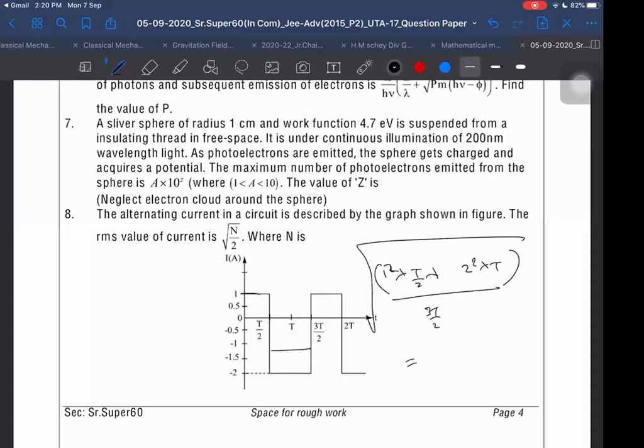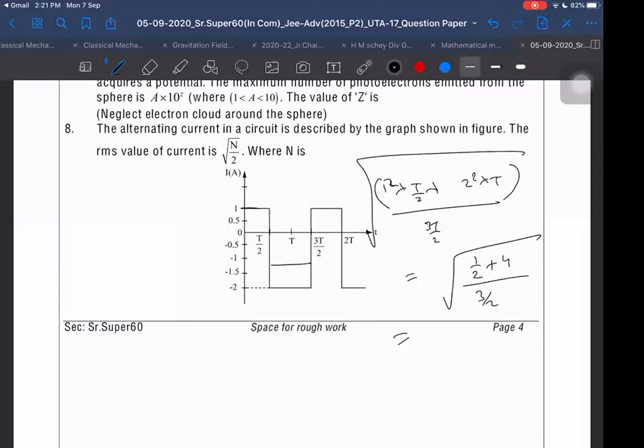What is it at last? 1 by 2 plus 4, divided by 3 by 2, under the root. Root 3. Then we are getting n as 6. Why decimals? It is equal to root n by 2.